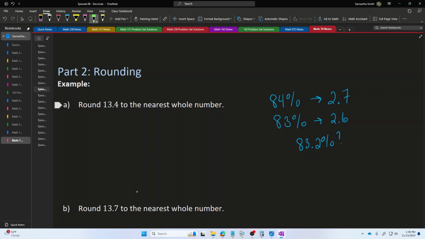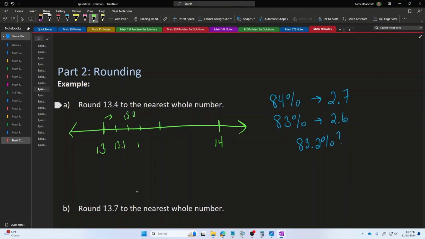Now, if I draw this on a number line, I might have the whole number 13 over here, and the whole number 14 over here. Between 13 and 14, there are a bunch of decimal numbers. For example, if I add 1/10 to 13, I'll get 13.1. Another tenth would be 13.2.